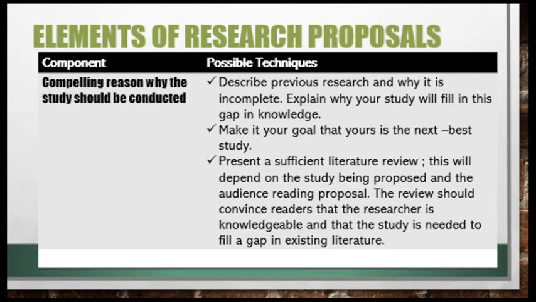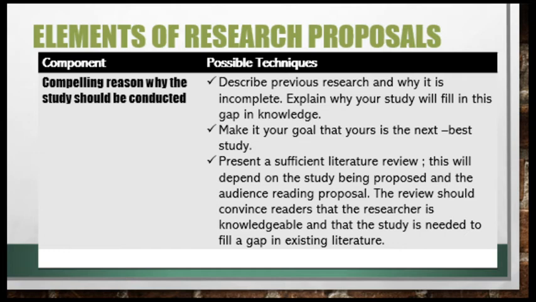Meaning to say, you have to see to it that your study is beneficial and the society or the community can benefit from it. Do not conduct studies that are only intended for keeping in the archives. You have to see to it that it could also help improve the society or the community in general.